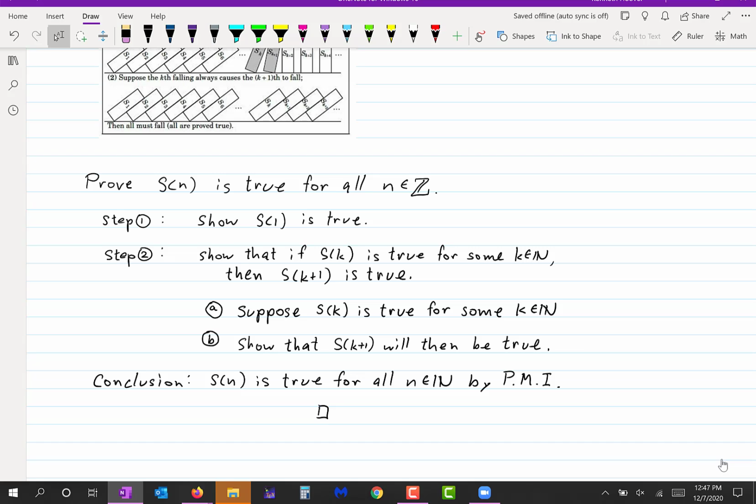Now, a couple of these have names that you should really know. That first step is called the base case. Okay? And part A of the second step is called the inductive hypothesis.